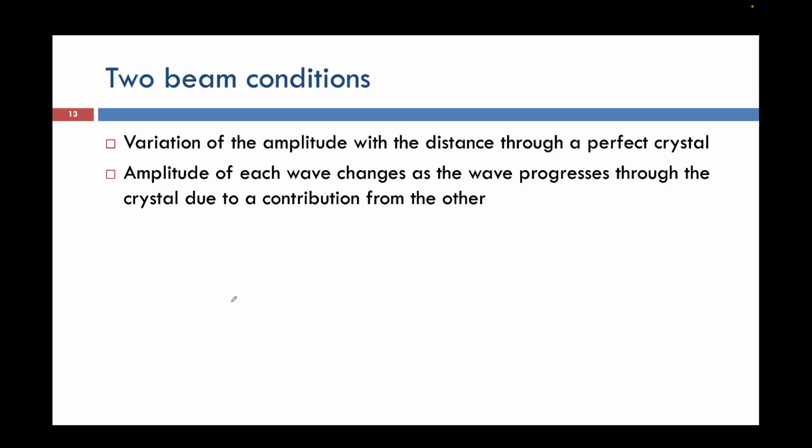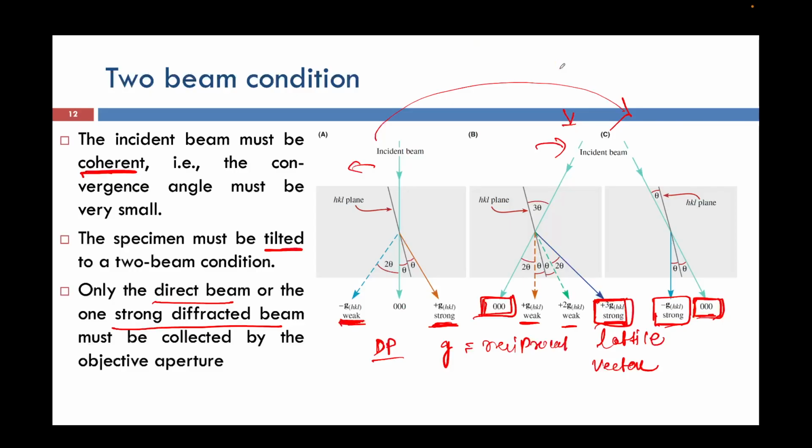Now let's say I am assuming that phi naught is the amplitude of my direct beam, and phi g is the amplitude of my diffracted beam, right? So I have to somehow get the amplitude, because amplitude will eventually give me intensity, and intensity will give me contrast.